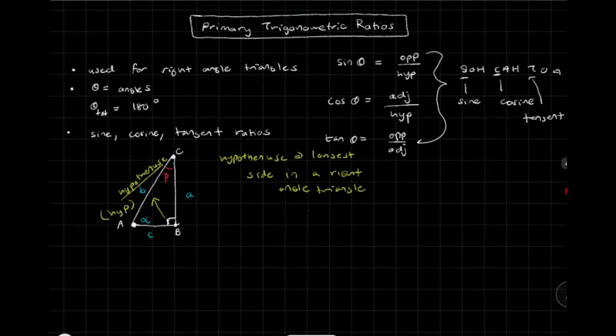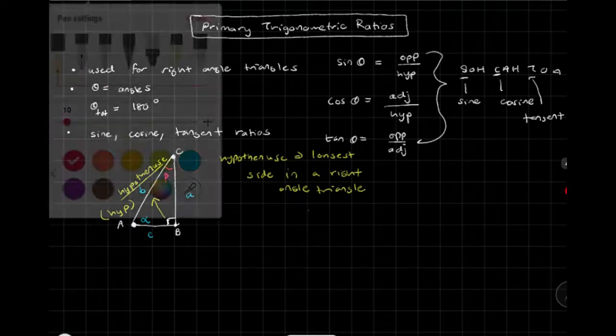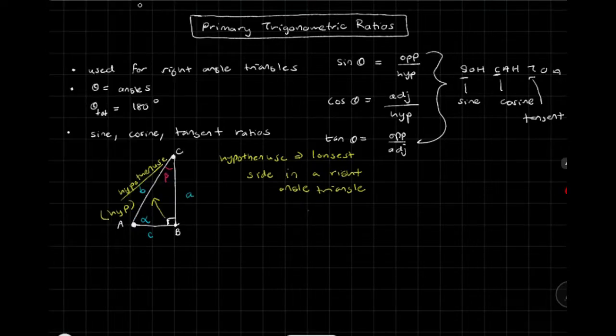Okay, so this is beta, this is alpha. And we can understand that angle alpha and angle beta should add up to 90 degrees.